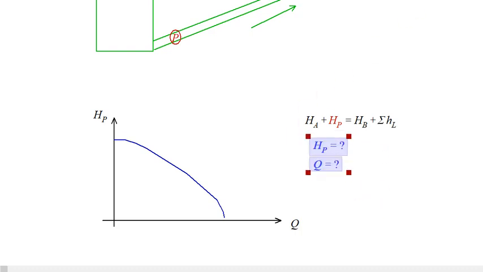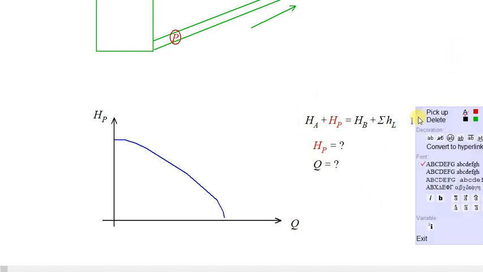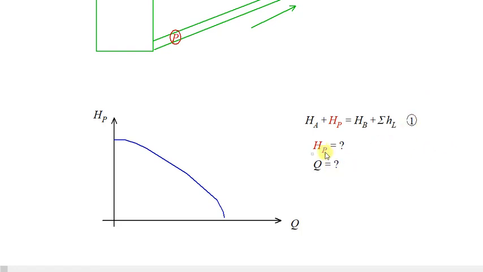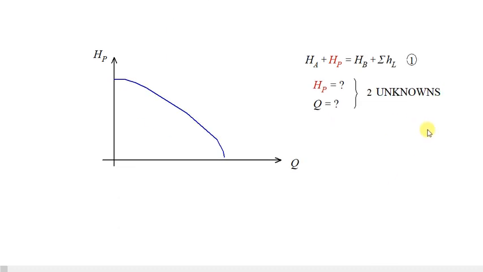We don't know both. So in one equation we have how many unknowns? 2 unknowns. And with 2 unknowns we cannot write any other equation, same as the parallel pipes, because I'm telling you about a normal question. There are no parallel pipes, no continuity equation needed, nothing. So how can we solve it?